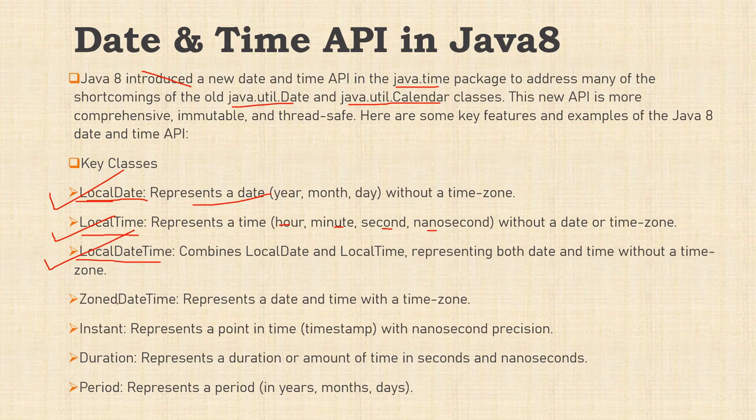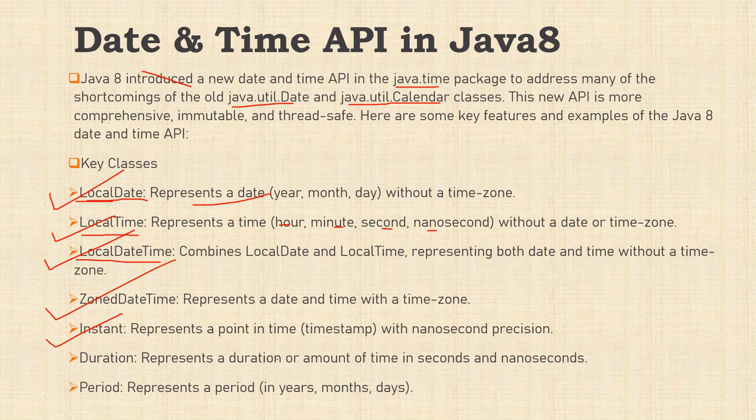We have ZonedDateTime, which represents the date and time with a time zone. So with the help of the time zone you can get the date and time. Instant represents a point in the timeline with nanosecond precision, so we'll get the current time with the help of Instant.